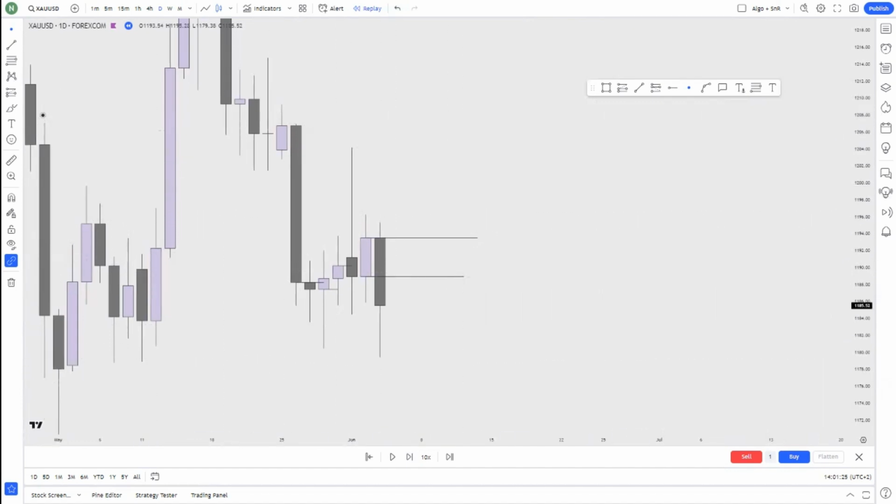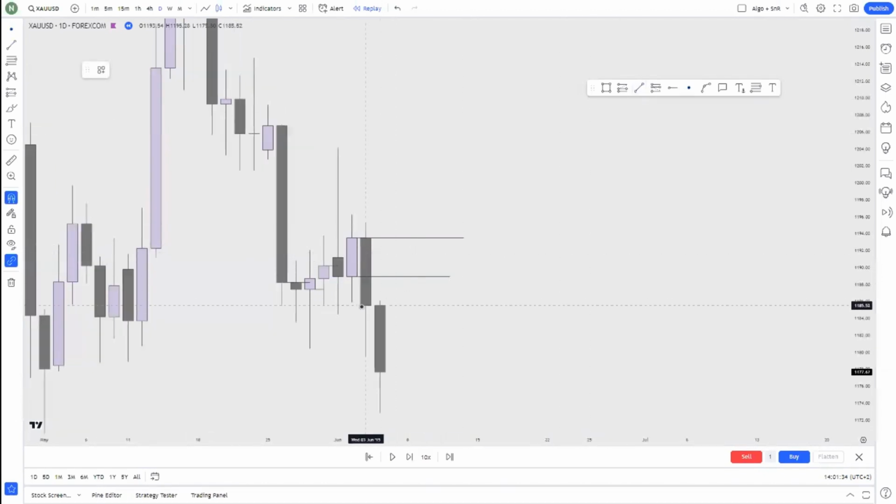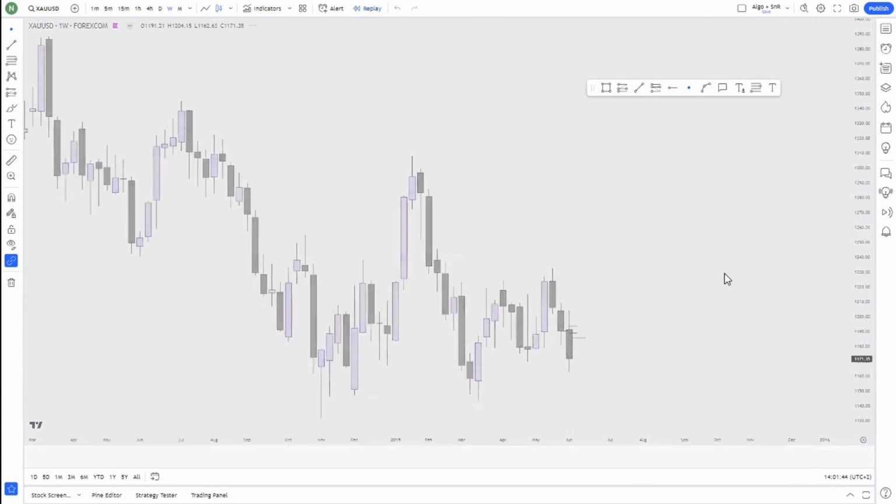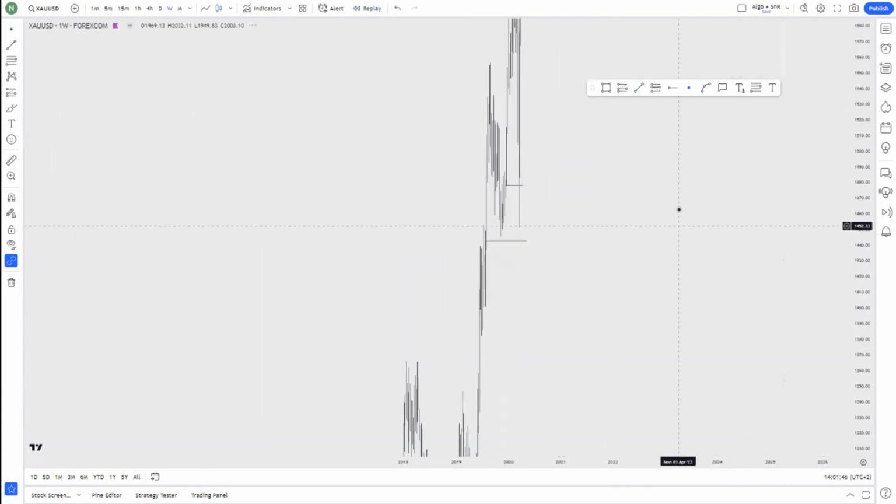Looking at the next candle, what do we see? A bearish candlestick. Then this becomes a resistance. So every time, the market is always going to present one of the four formations that we were looking at.